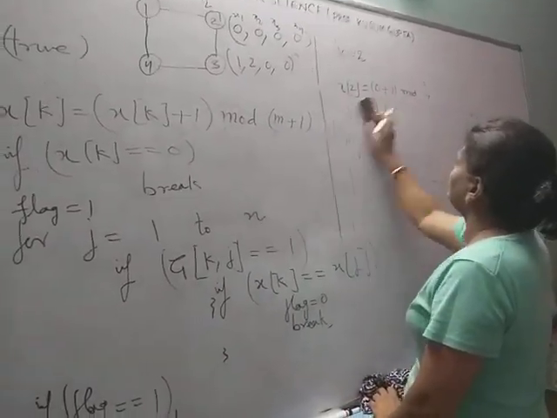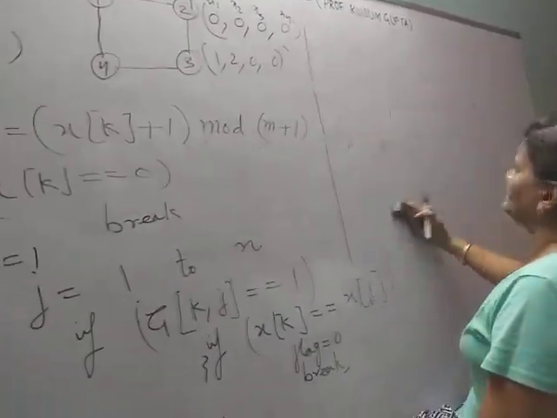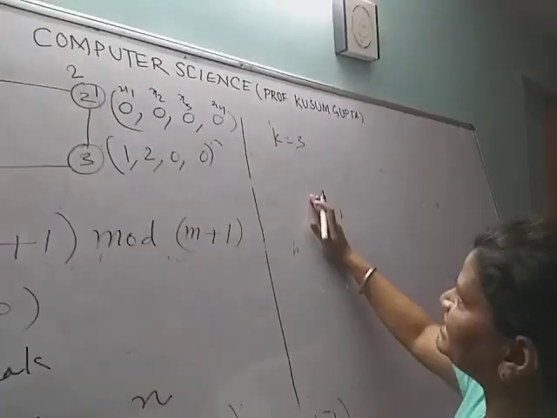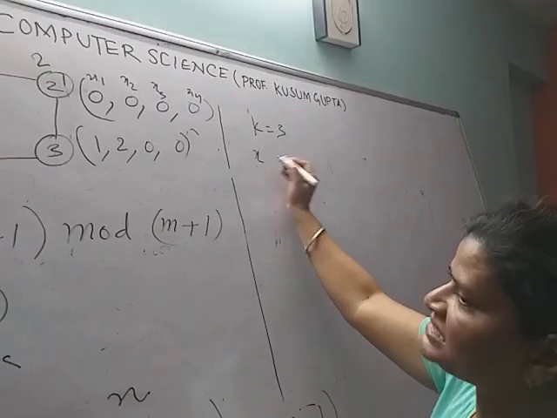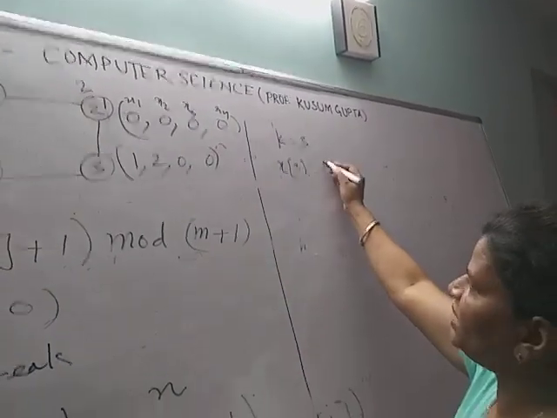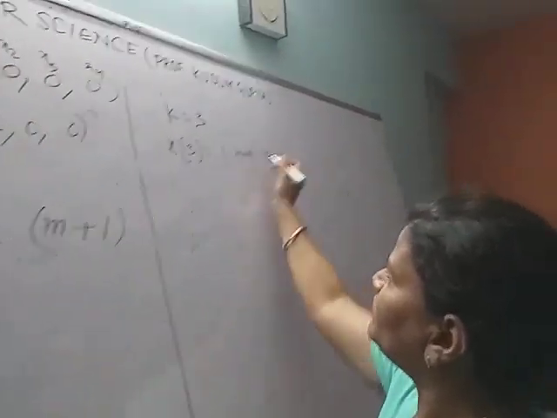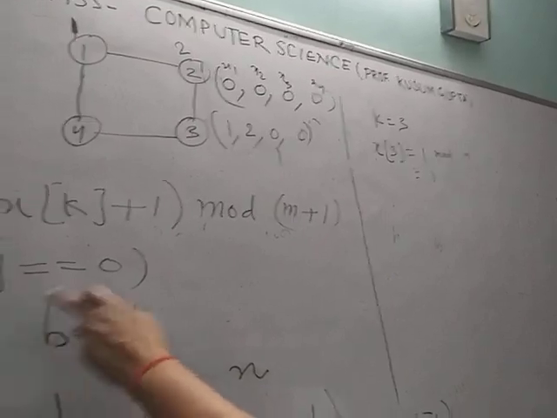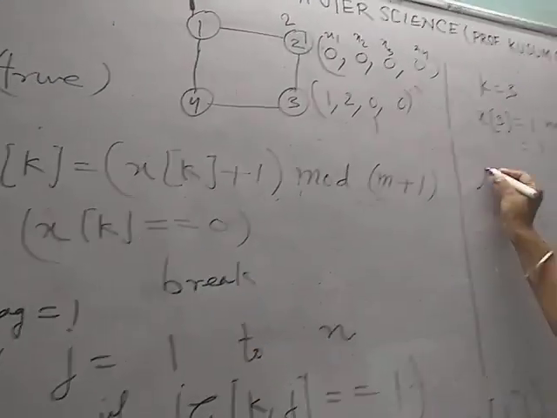Say here, at this time, when it is called the third time, k is 3. K is 3 and x3 equal to x3 plus 1, that is 1 mod 4. 1 mod 4 is 1. So here xk is not equal to 0, flag is 1.